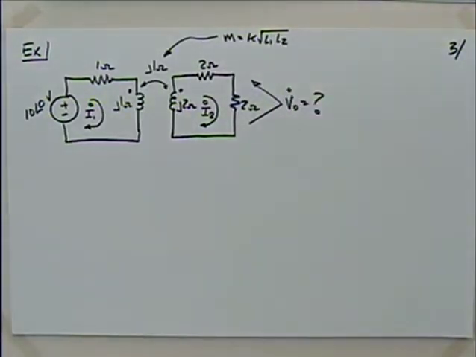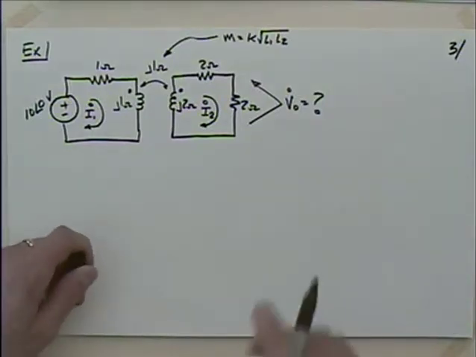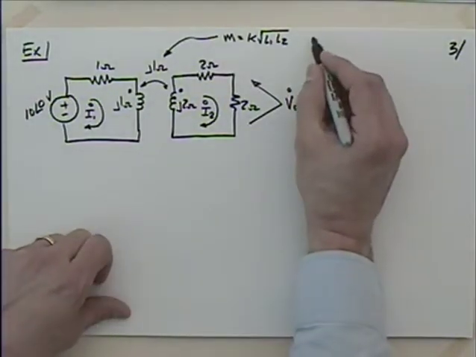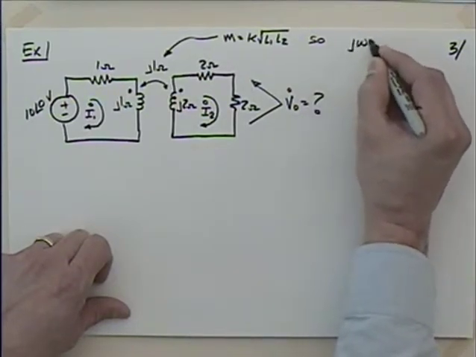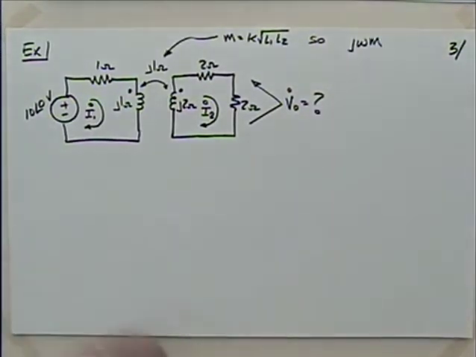If you're trying to have an efficient transformer, you want your coefficient of coupling as high as possible. And then what we do here, we could say that we then have j omega M. You take that M value and multiply it by j omega, just like you would say j omega L, we're going to have j omega M. So that's where that came from. Whatever the omega was, whatever the M value was, we multiplied those together and we got j1 ohm.